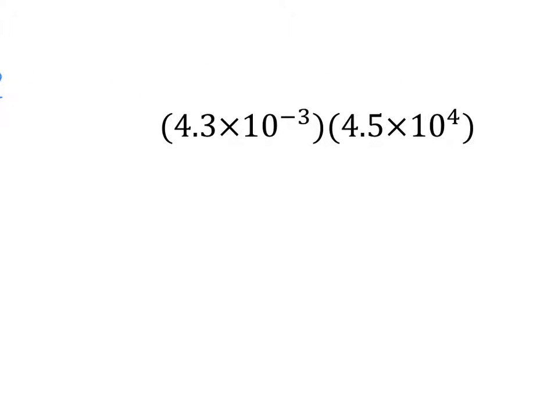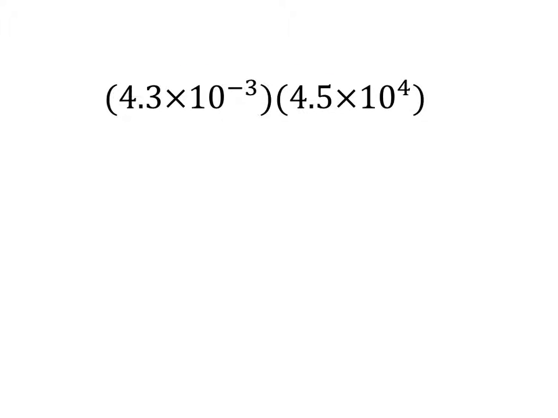We have one last one here. 4.3 times 10 to the negative third times 4.5 times 10 to the fourth. When we multiply our coefficients, our 4.3 times 4.5, we should end up with 19.35. And we know that's going to be times 10 to some power. Well, we add our exponents. We have negative 3 plus 4.